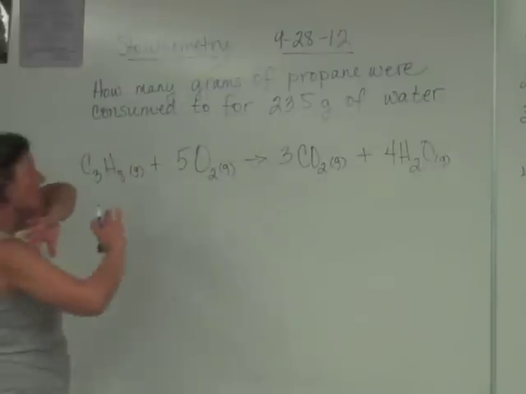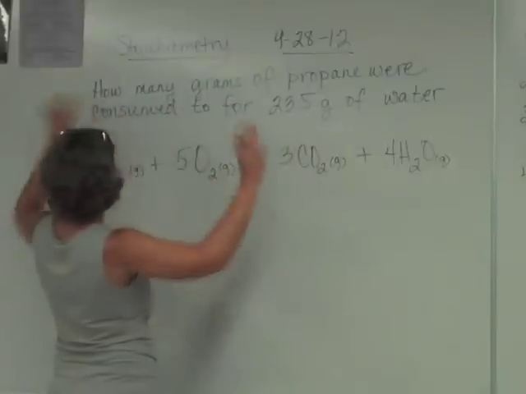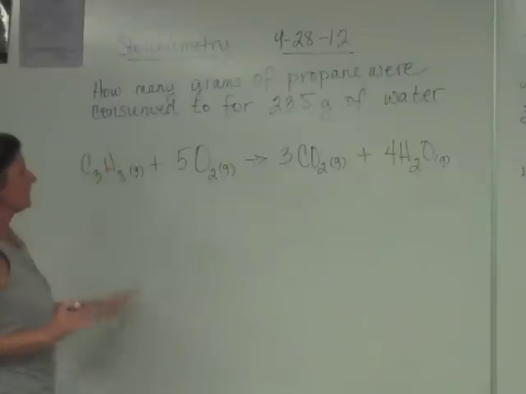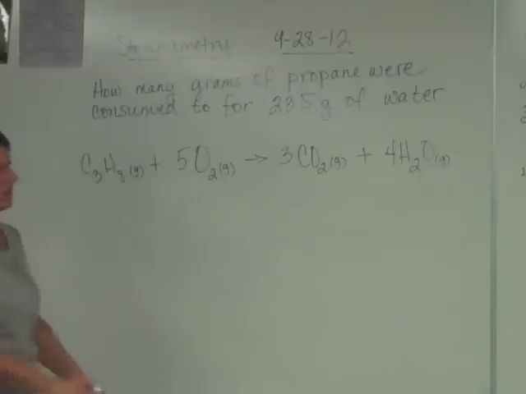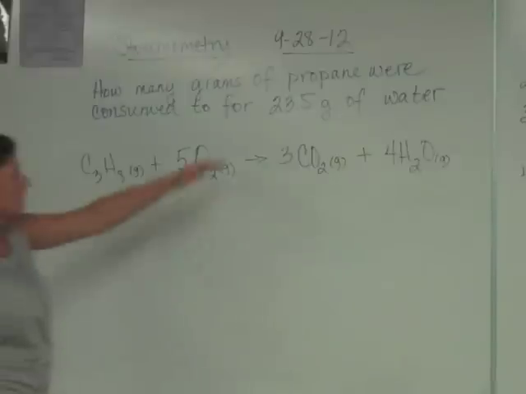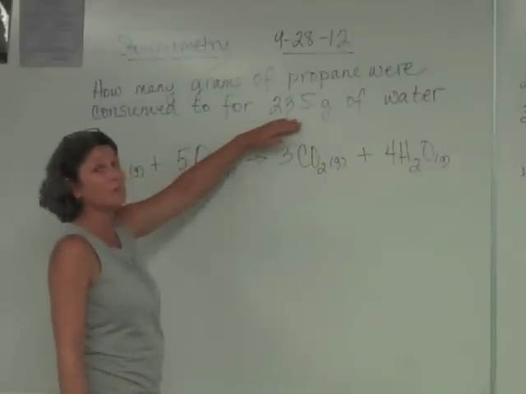Okay, I'm just going to cut through all of this. Consumed, I don't want to know it. What I want to know is what is my given and what am I looking for. You just cut through all the vocabulary. I am given 23.5 grams of water.